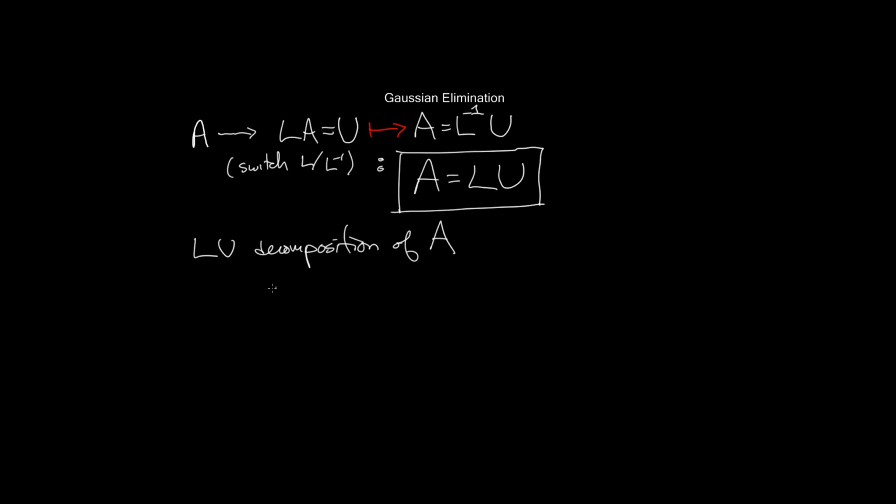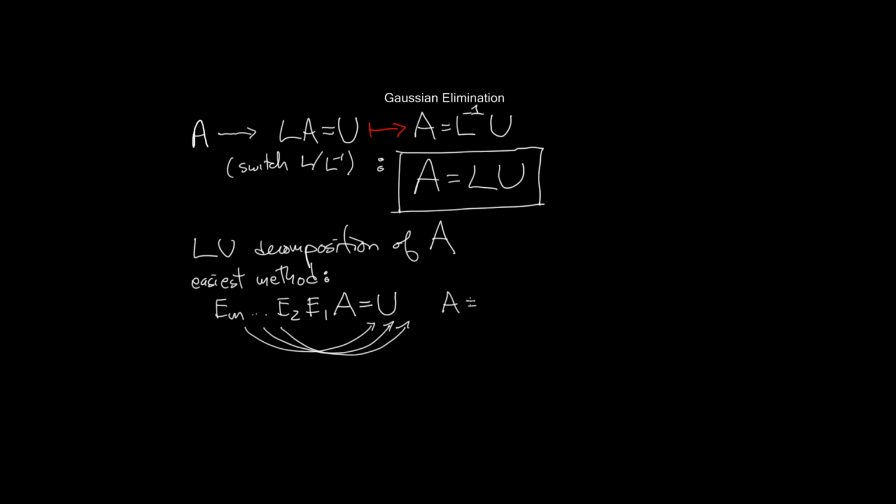Now, in terms of an algorithm, it's easier to do it with the L on the other side: start with A, do row operations to get U, and then at the end you somehow get the L to the other side. So let me explain what I mean by that. You find a bunch of these elementary matrices which you multiply on the left, and then you move them to the right one at a time, and you switch the order and you switch them with their inverses.